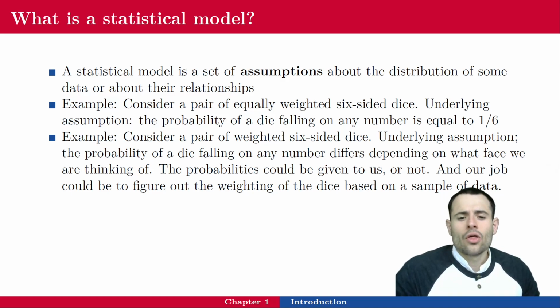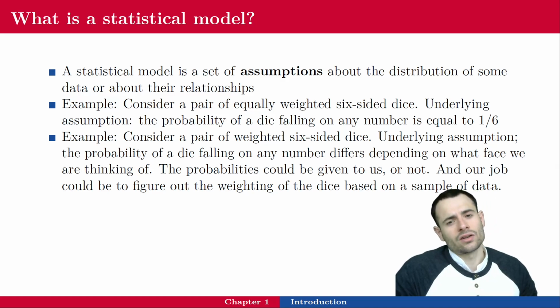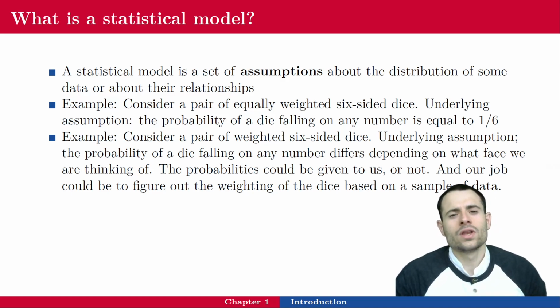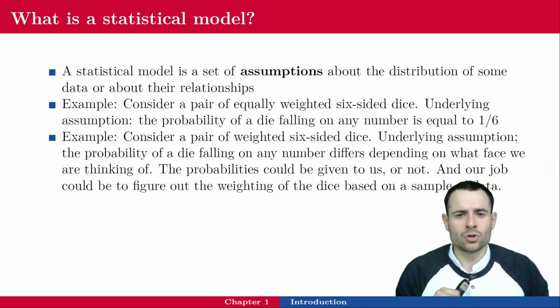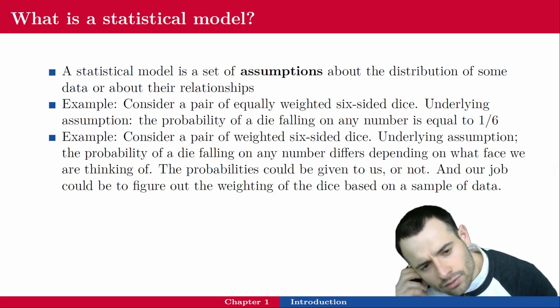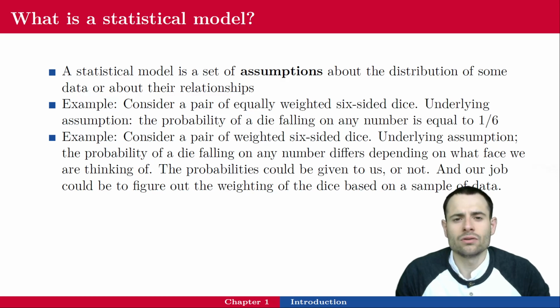Note that the probabilities could be given to us or not. However, we know the type of distribution that is going to be happening here. It's a discrete distribution where each number from 1 to 6 has a positive probability of showing up.